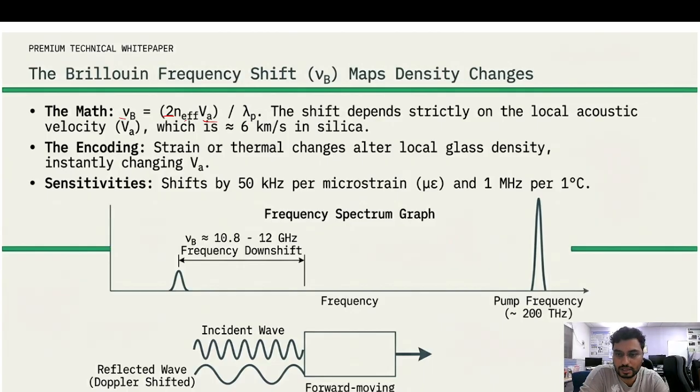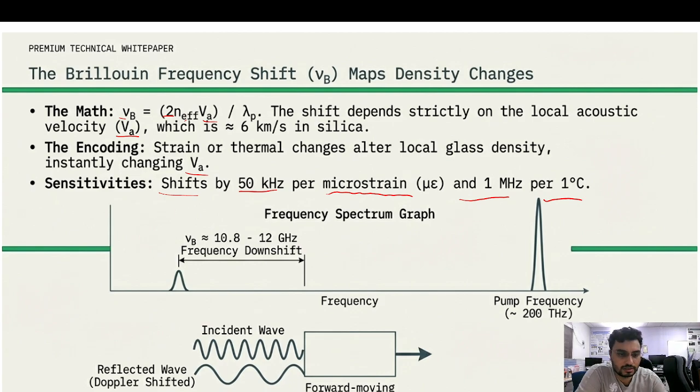The shift depends strictly on the local acoustic velocity VA, which is about 6 kilometers per second in silica, and strain or thermal changes alter the local glass density, instantly changing VA. It shifts by 50 kilohertz per microstrain and 1 megahertz per degree centigrade.